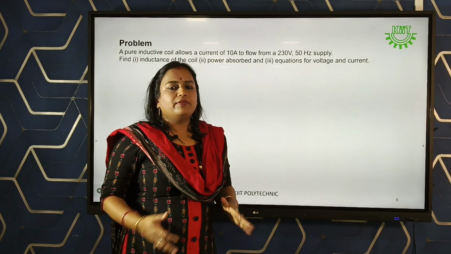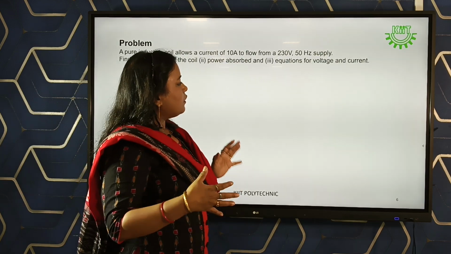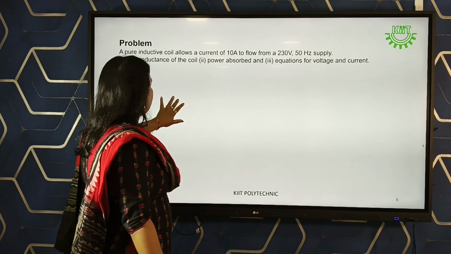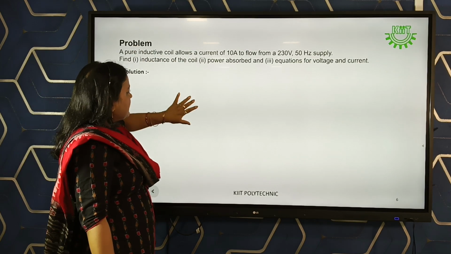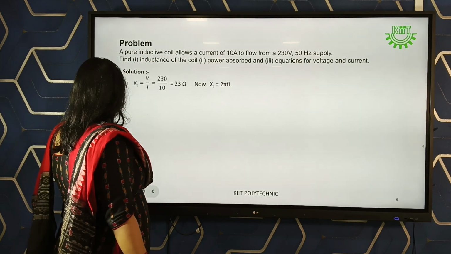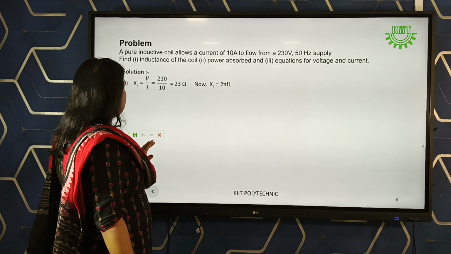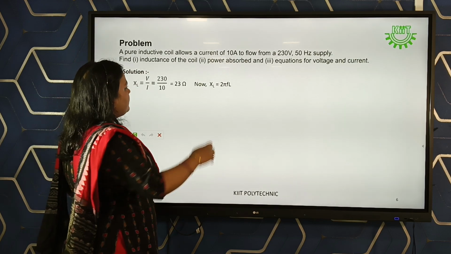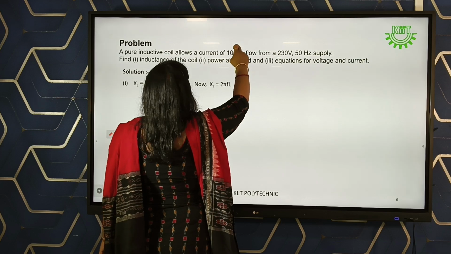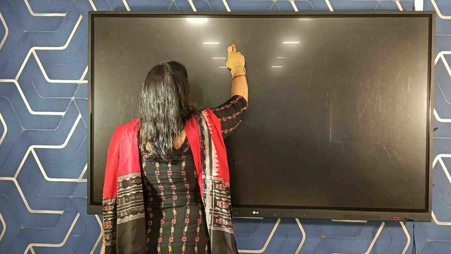Then, same as before, we write the equation of voltage and current for the pure inductor. As I said, we first have to find the data given in the problem. So what is that? The pure inductive coil allows a current of 10 ampere.